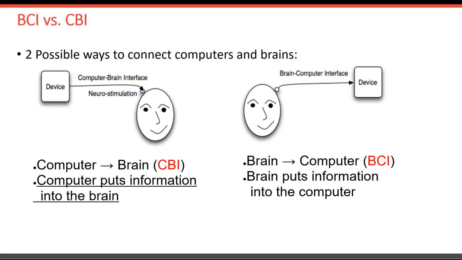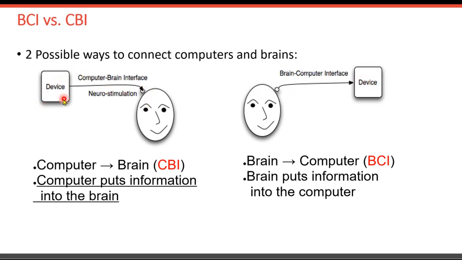So we can have two different settings here. The first is brain-computer interface versus computer-brain interface. In brain-computer interface, we have the human brain connected to an external device, and the communication goes in one direction, from brain to outside device. So the brain puts information into a computer or some other device.